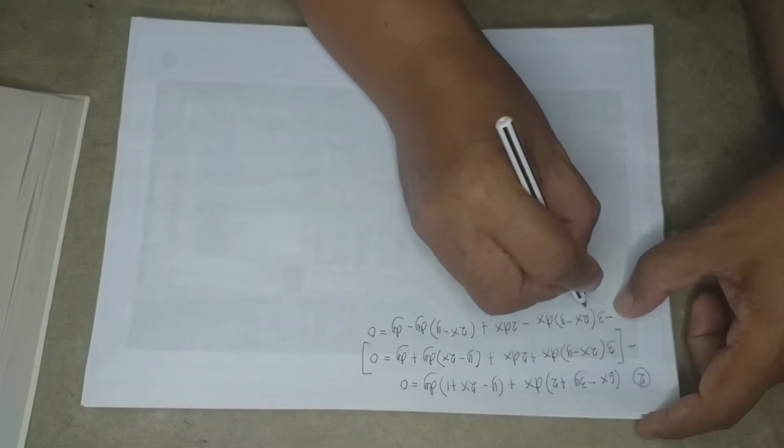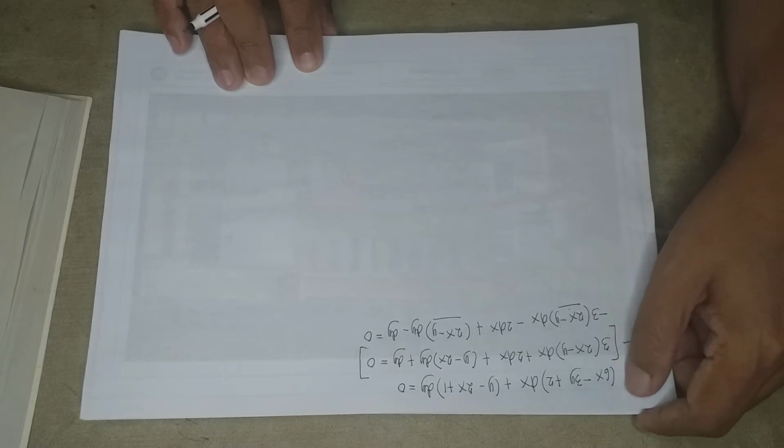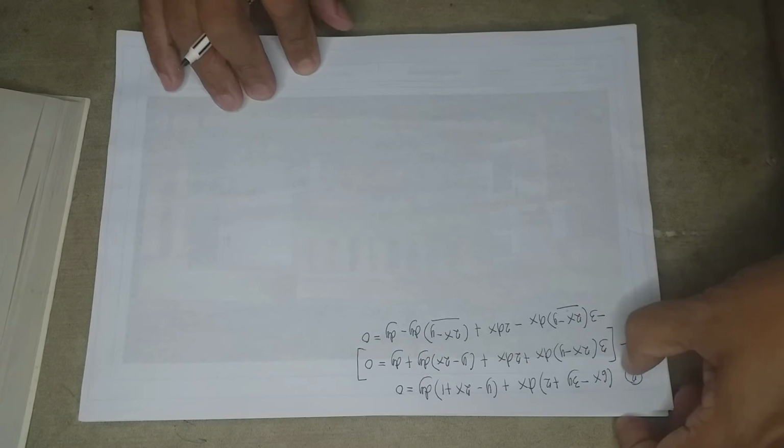So we have now a common factor of 2x minus y and 2x minus y. Okay? So this is under, again, case number 1.